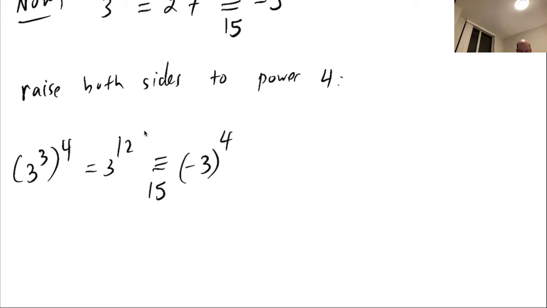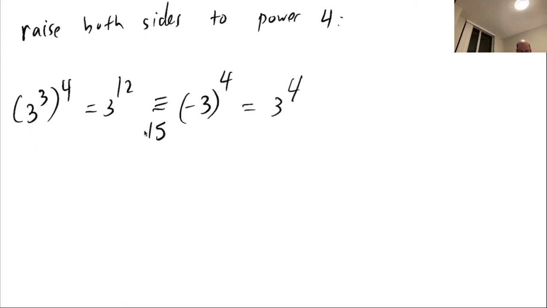As you can see here, this is 3 to power 12. I can multiply both sides by 3 to power 2. Then I get 3 to power 14 congruent with 3 to power 6.